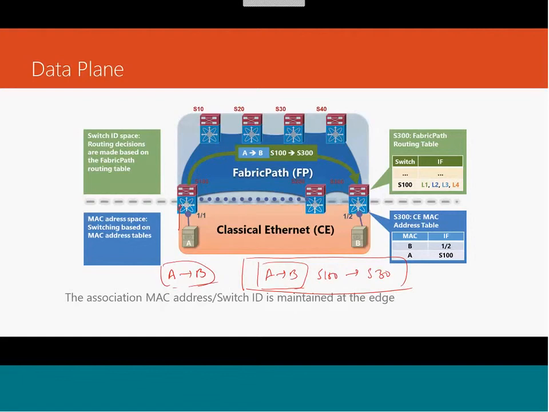So like you see here, it will make the forwarding decisions based on its Fabricpath routing table. Whatever the control plane has learned, based on that, for the data plane, the edge devices only maintain the association of the MAC addresses and the switch IDs to help map the traffic from one endpoint to the other endpoint and forward the packet to the right destination, right?